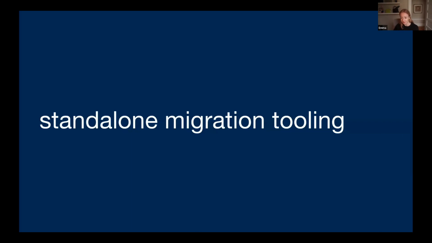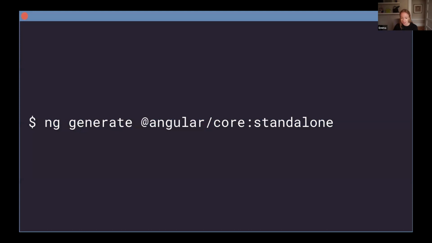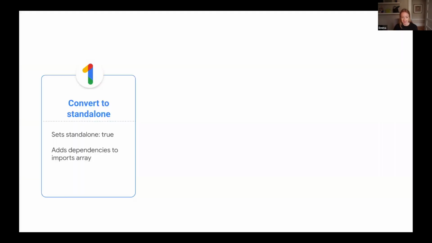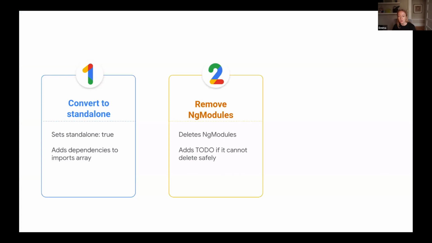And so in version 15.2 even, you have access to ng-generate Angular core : standalone. And so this generator converts your app to standalone. So it sets standalone to true. It adds dependencies to the import array. And then it removes unnecessary ng modules.